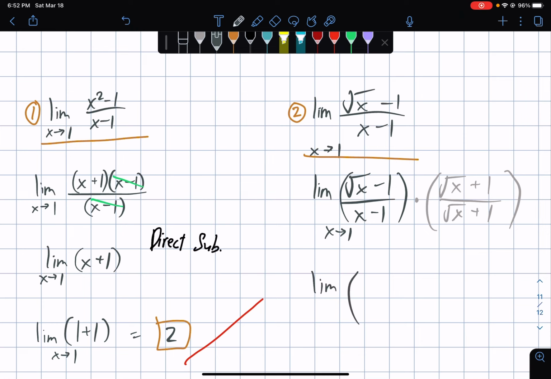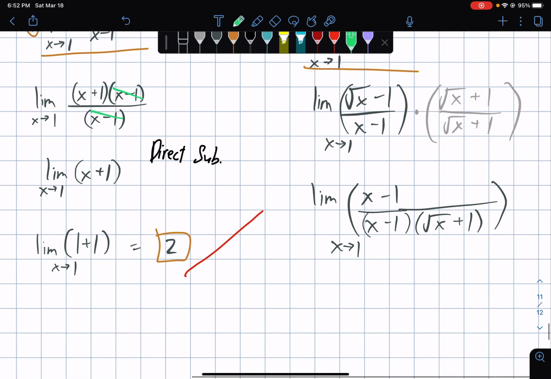So limit could be the square root of x times the square root of x is basically going to be x raised to 2. The square root of x raised to 2. That's going to be x basically. So these two cancel. FOIL method, and then that's minus 1 for this part. Below, we have x minus 1 times quantity square root of x plus 1. So we have something that we could cancel, these two.